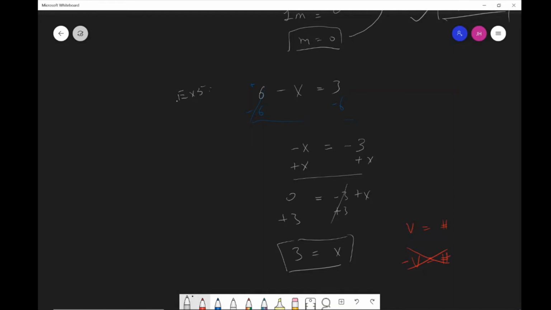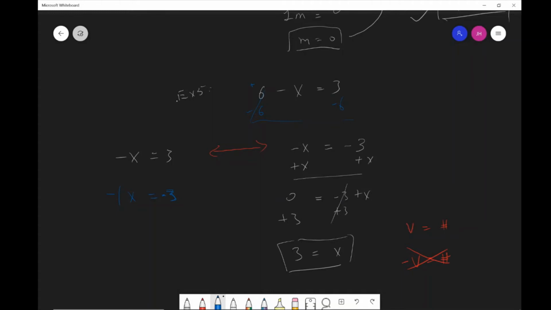Another strategy, which to me is simpler, is that when we come to this point, negative x equal to 3, what I can simply do is represent this equation as negative 1x equal to 3. So now I can clearly see that there's a coefficient of negative 1.